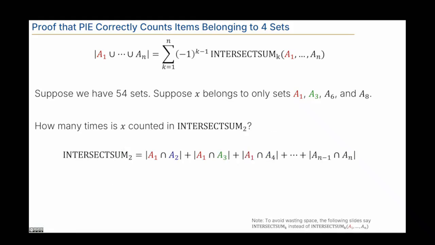What about intersect sum 2? How many times is it counted here when we call intersect sum 2? And this is probably the most interesting slide of my part. If you get this, I think you understand the most important part of the day. What do you think? So how many of these sets does x belong to?